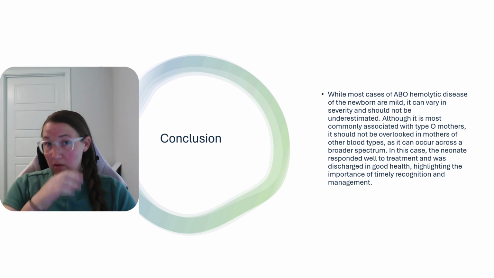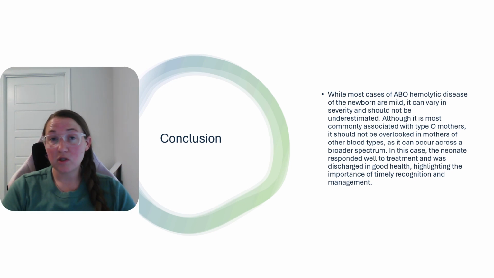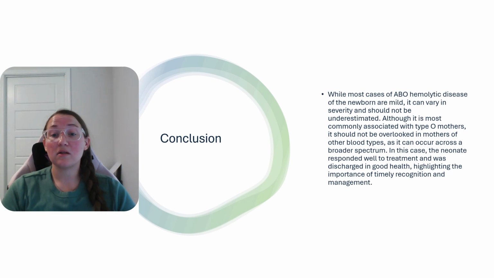So it should not be underestimated. And although it's commonly associated with type O moms, which, like my facility, we only test the O moms, it should not be overlooked for other blood types, because it absolutely can occur on a broader spectrum with other blood types. And in this case, the neonate was very lucky to respond well to the treatment and was discharged in good health.